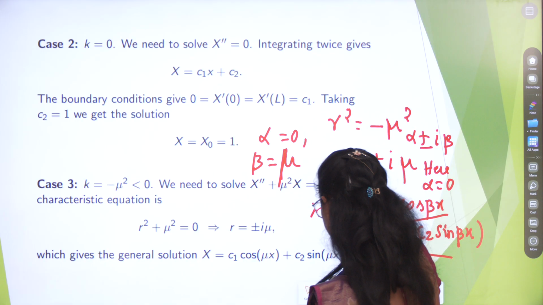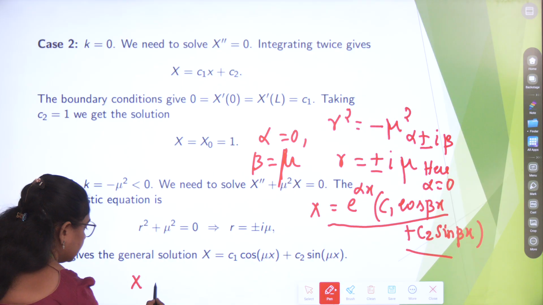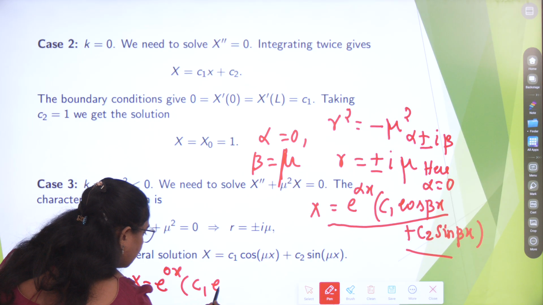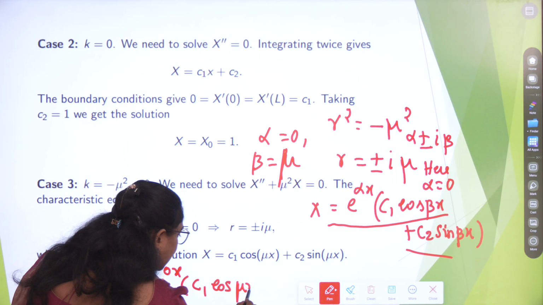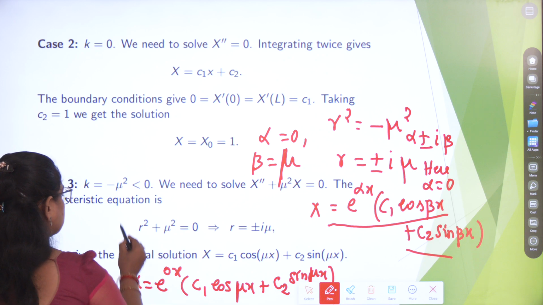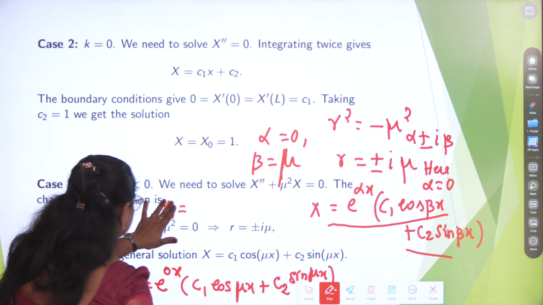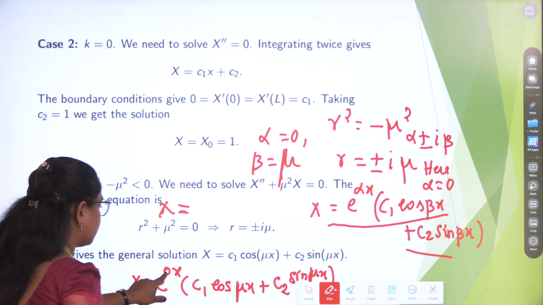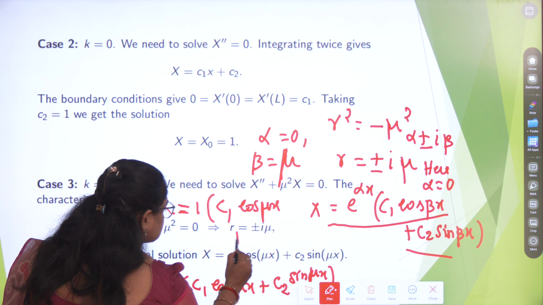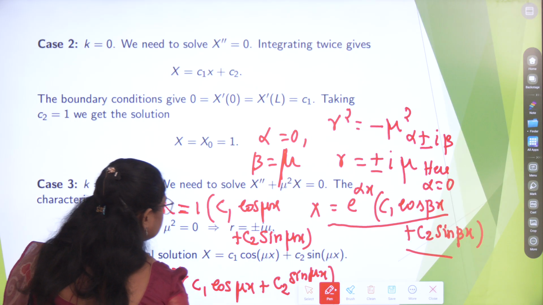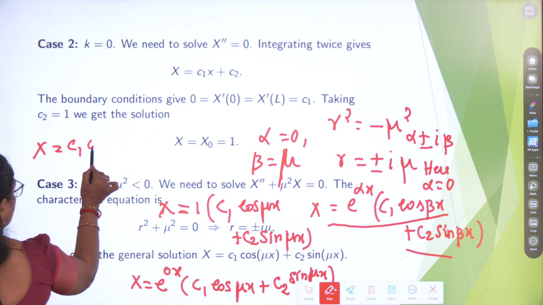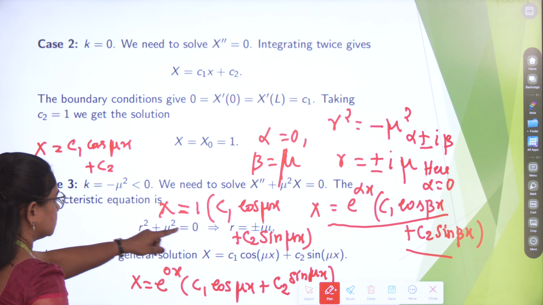x is equal to e power 0x into c1 cos mu x plus c2 sin mu x, because alpha equals 0. So e power 0x value is 1, and finally we get the general solution x equal to c1 cos mu x plus c2 sin mu x.